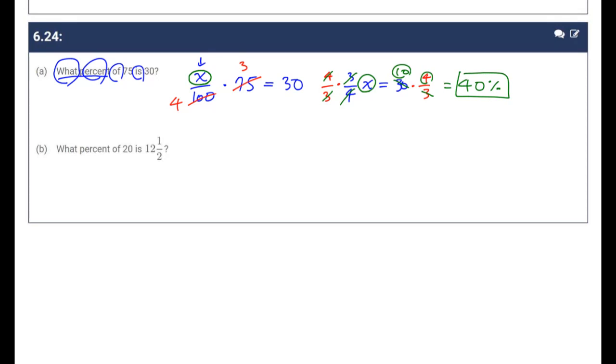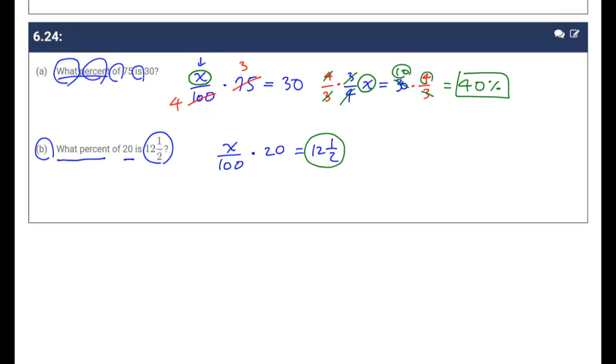Okay, now B, what percent of 20 is 12 and 1/2? So what percent of 20 is 12 and 1/2? Well, let me try to change this into improper fraction.